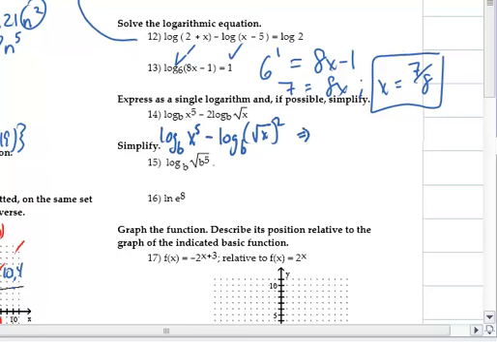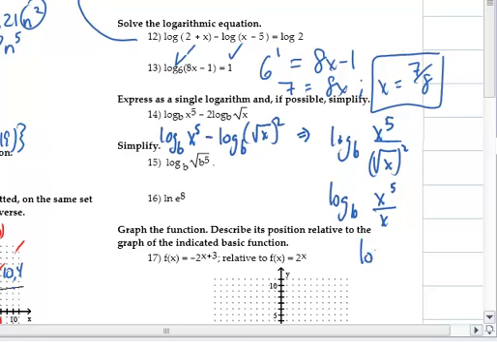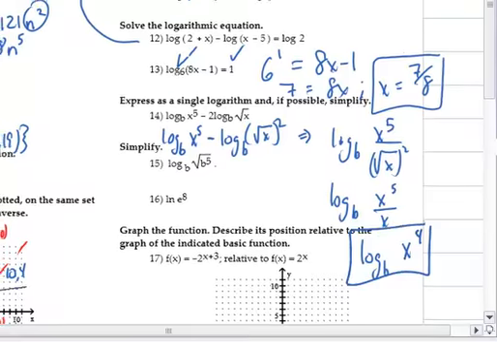And the root of x squared is just going to be x. So this will end up being log base b of x to the 5th over the root of x squared, which is also log base b of x to the 5th over x, which is going to be log base b of x to the 4th, and that would be simplified.